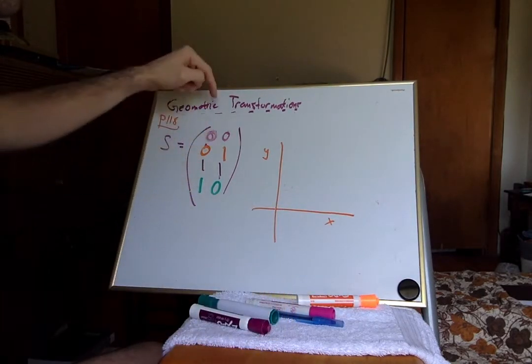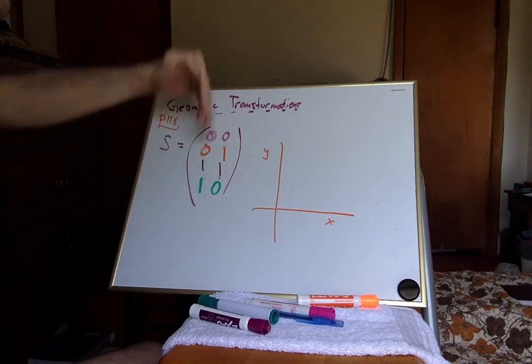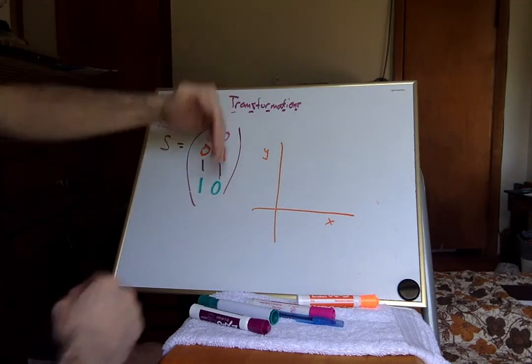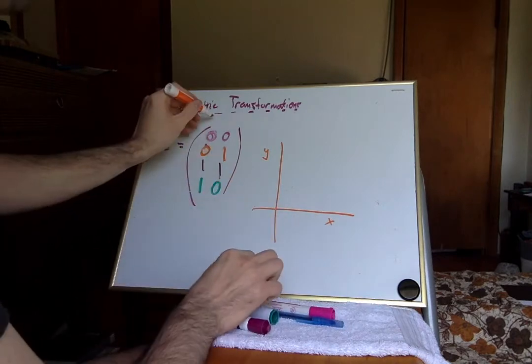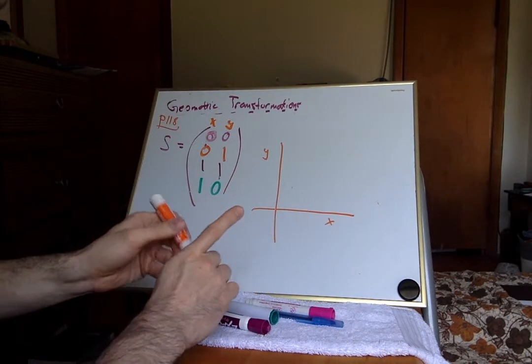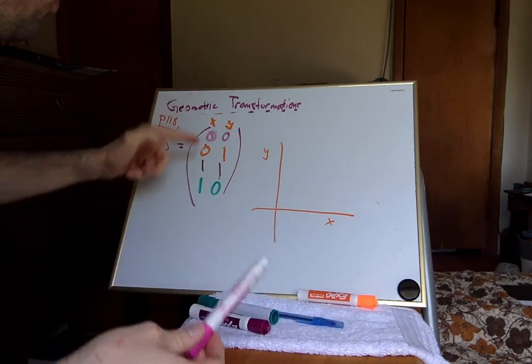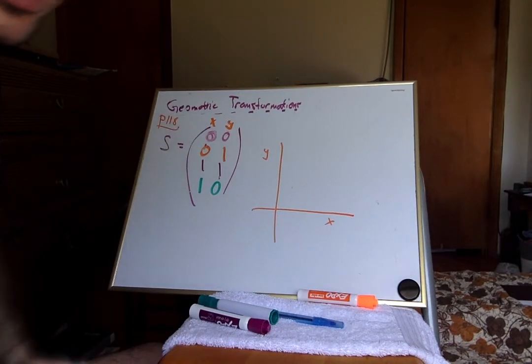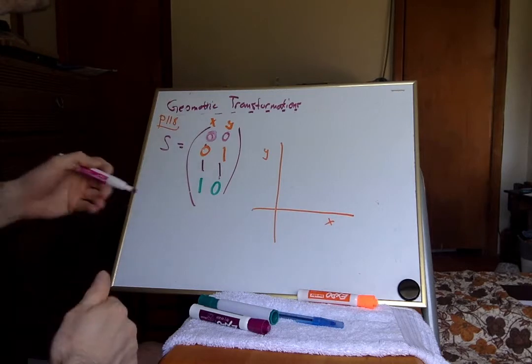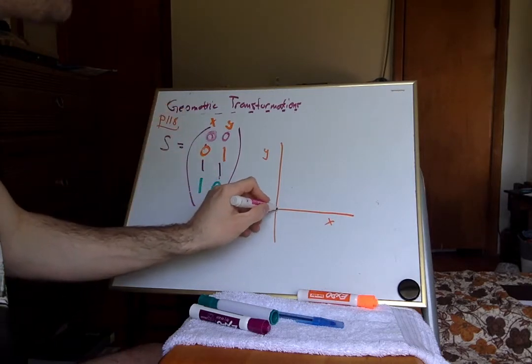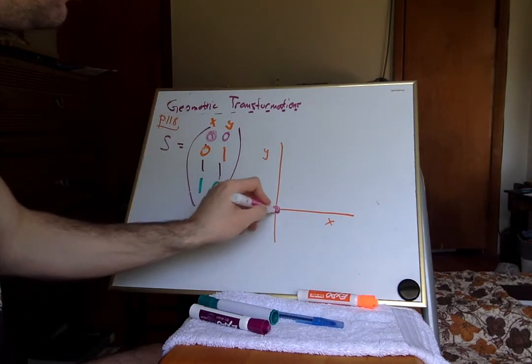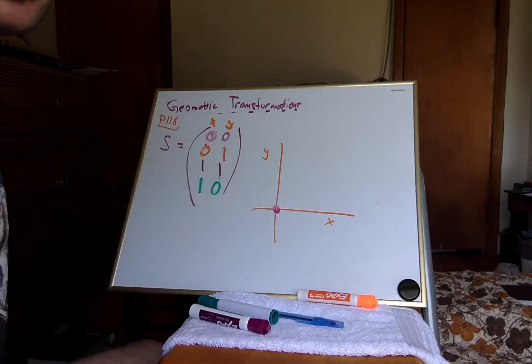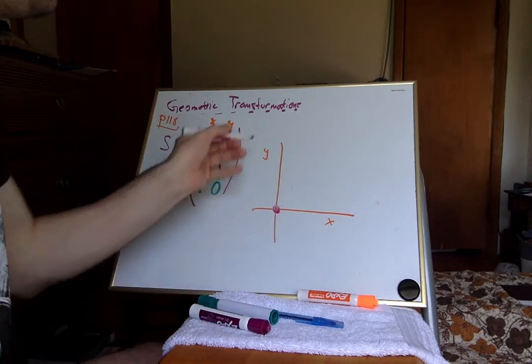So this is my x coordinate, and this is my y coordinate. Those are four different colors because they correspond to four different points. So 0, 0, that's going to be here, right? Not too difficult. x equals 0, y equals 0.